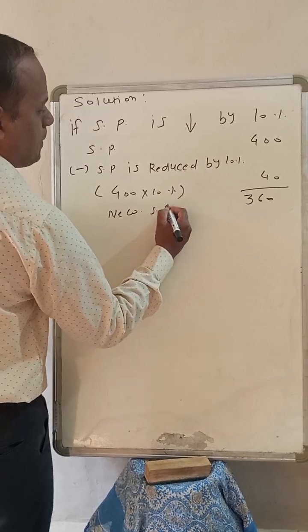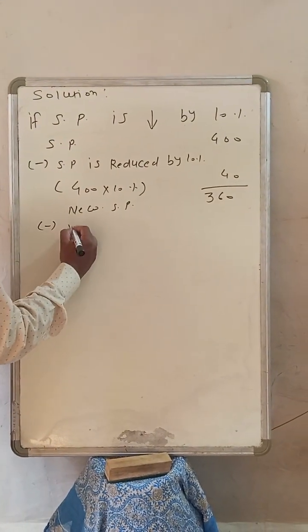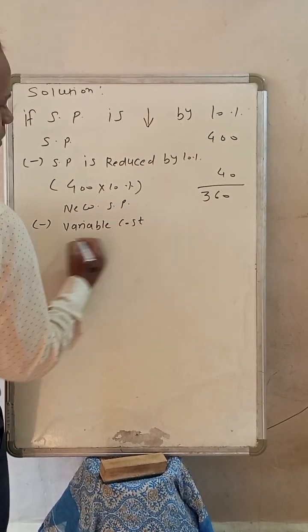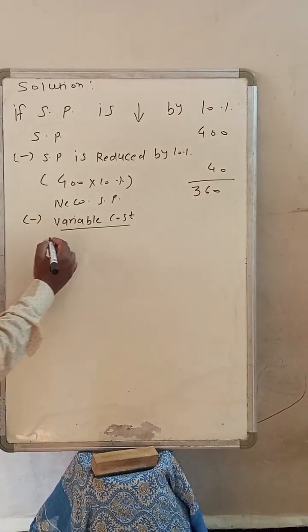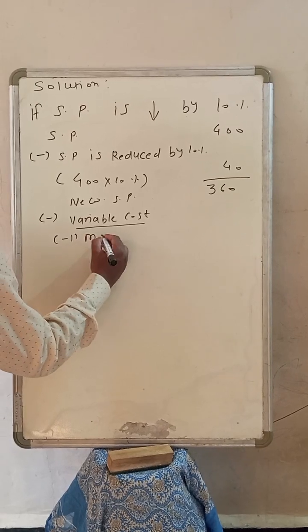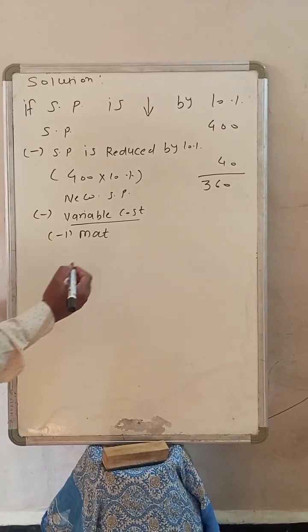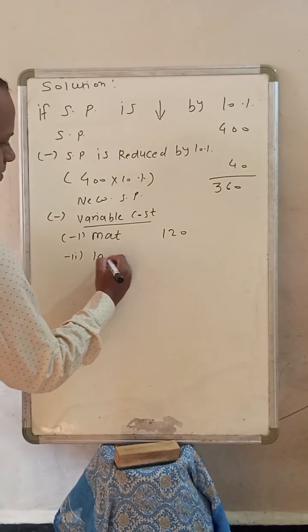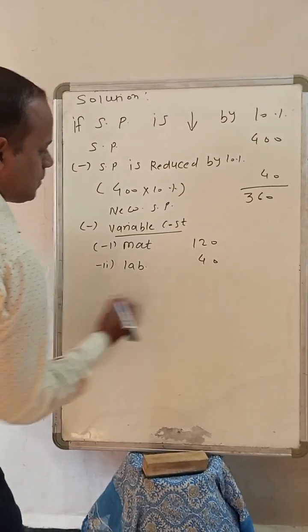New selling price less variable cost. Variable cost or marginal cost. Check out the problem. There are three costs given. First one is material, which was 120. Second one is labor, which was 40 rupees.